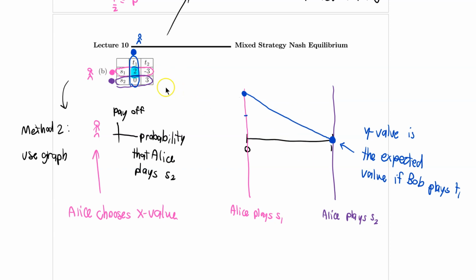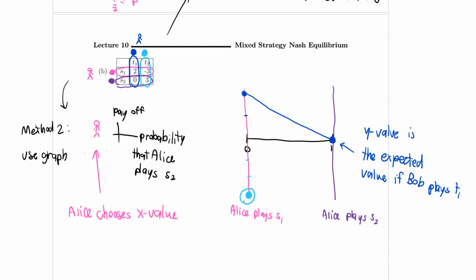So let me do the same analysis for the light blue part. If Bob were to play T2, what's going to happen? If Alice were to play pink and Bob were to play light blue, then the payoff is going to be -3. So that's going to be somewhat down here.